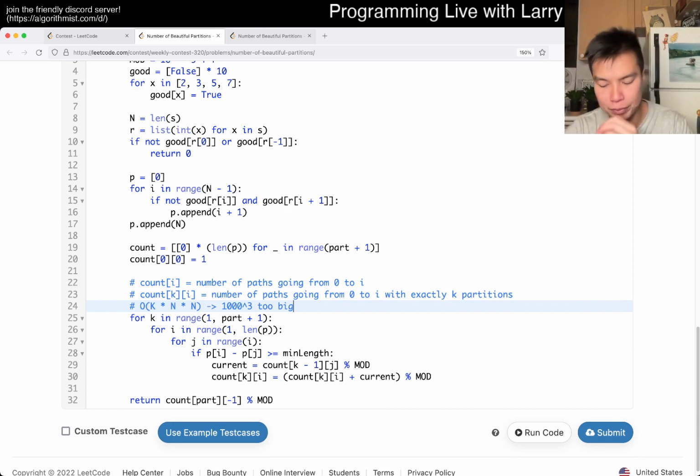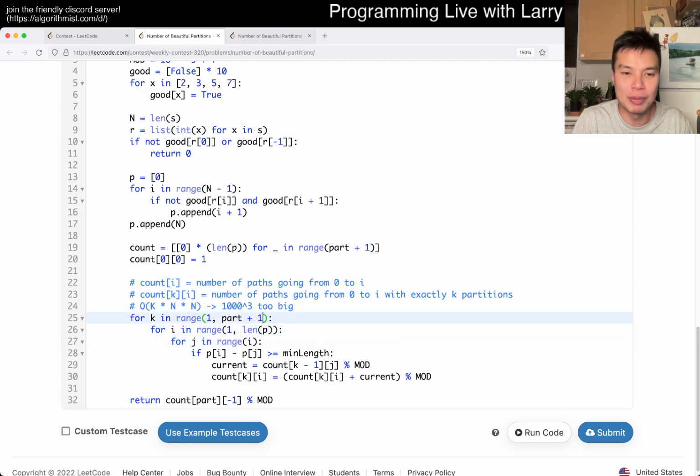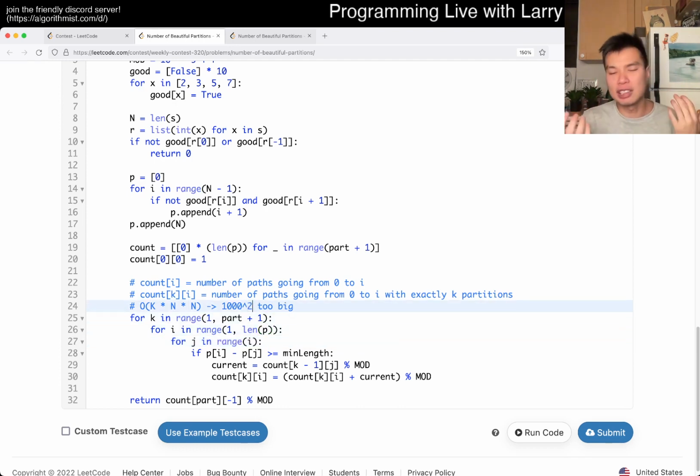The trick, which is maybe a little tricky to see, comes with experience and playing around with the function: let's see if we could get rid of one of the loops. If you get rid of one of the loops, this will become 1,000 squared, and maybe this would be good, right? So that's basically what we're trying to do.